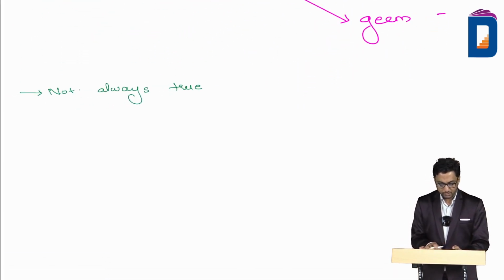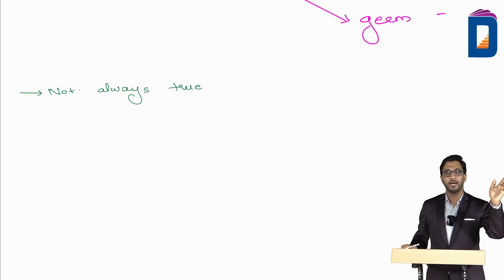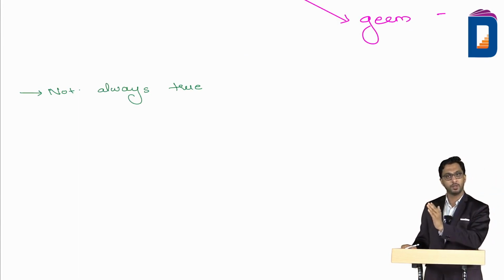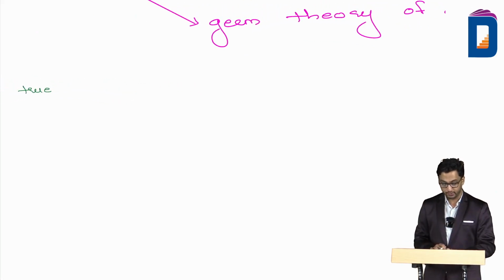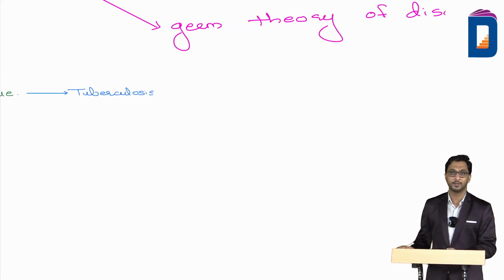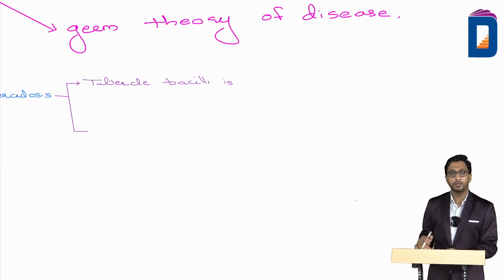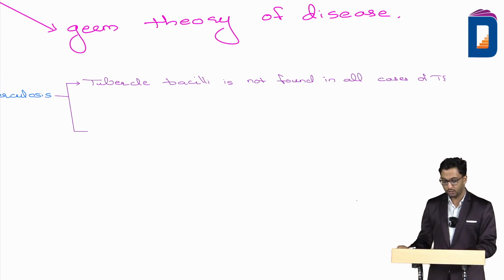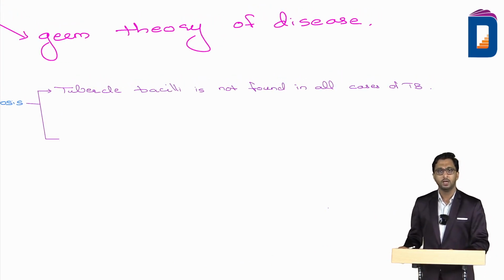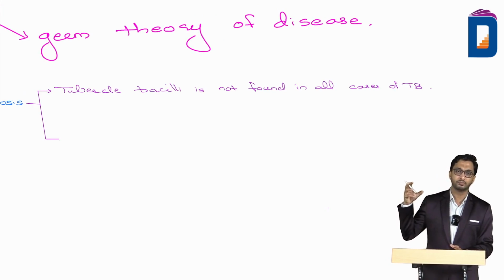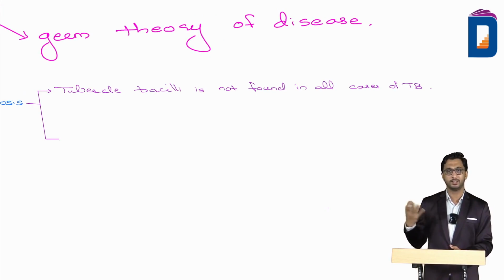Now, it's not always true that if A is there, B will be there, and if A is not there, B will not be there. No, it's not always true. I'll come to this. For example, tuberculosis is a typical example. In tuberculosis, the tubercle bacilli is not found in all cases of TB. The patient is suffering from TB, and when they check for the bacilli, you see that the bacilli is not there.